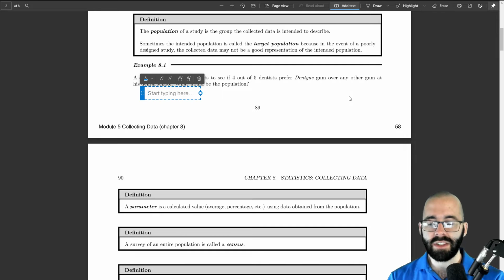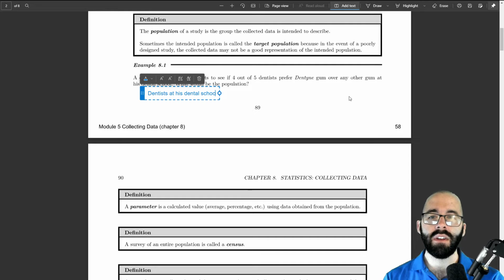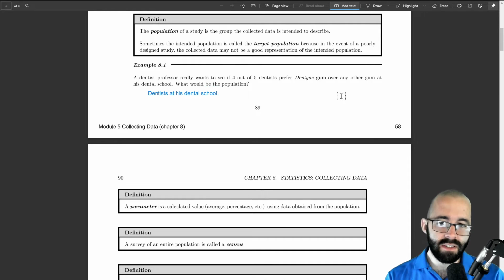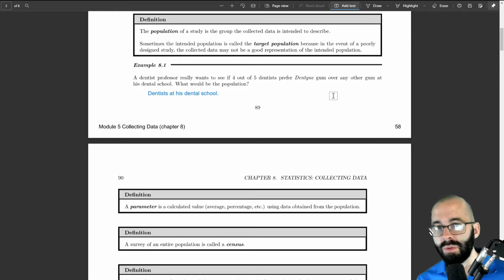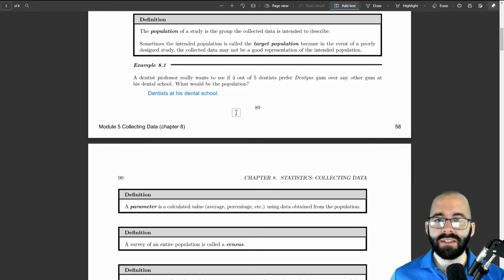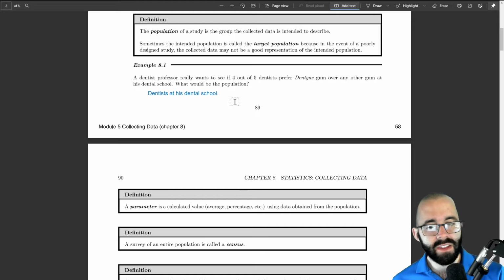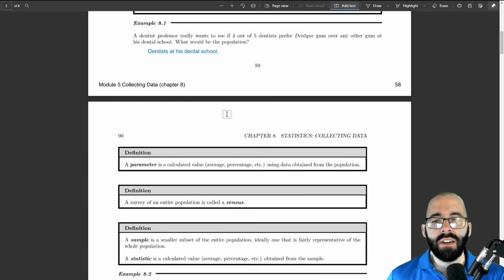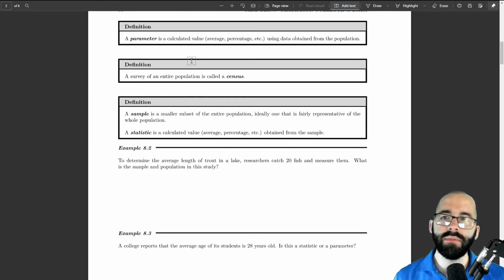That's going to be the population here: dentists at his dental school. If this problem were phrased a little differently, then we might say all dentists. But really, what is he actually asking about? He's asking about the dentists at his dental school. Maybe he's not going to be able to ask all of them, and he'll take a sample. But that's it for this one.